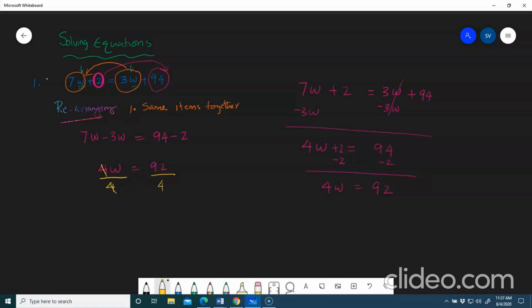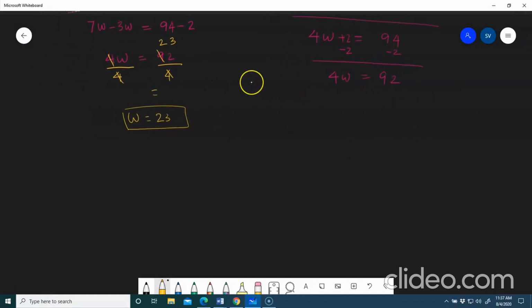So 4 and 4 cancel out. Next you need to divide 92 by 4. 4 times 2 is 8, and the remainder is 1. 1 and 2 is 12. 3. So 23. So your answer is w is equal to 23. Okay, this is your solution. Actually, if you are writing an exam, you are done with the problem.